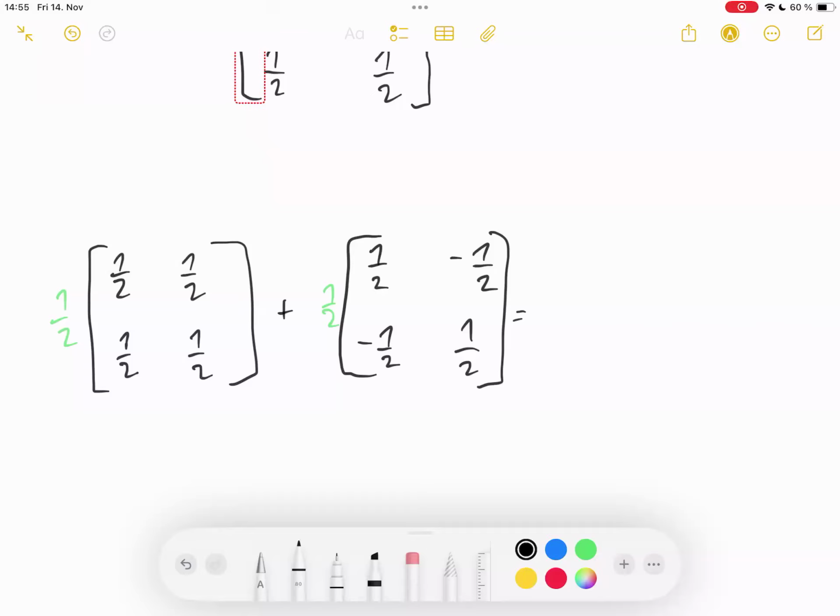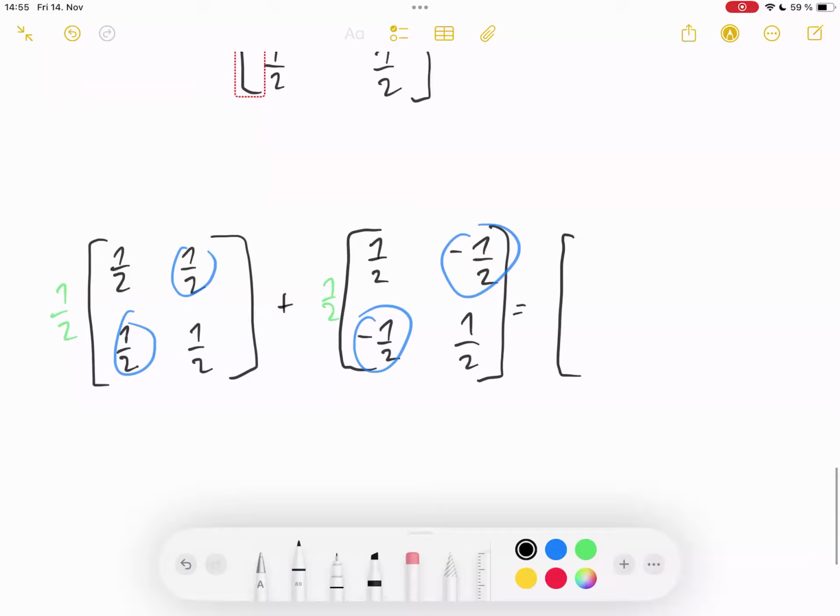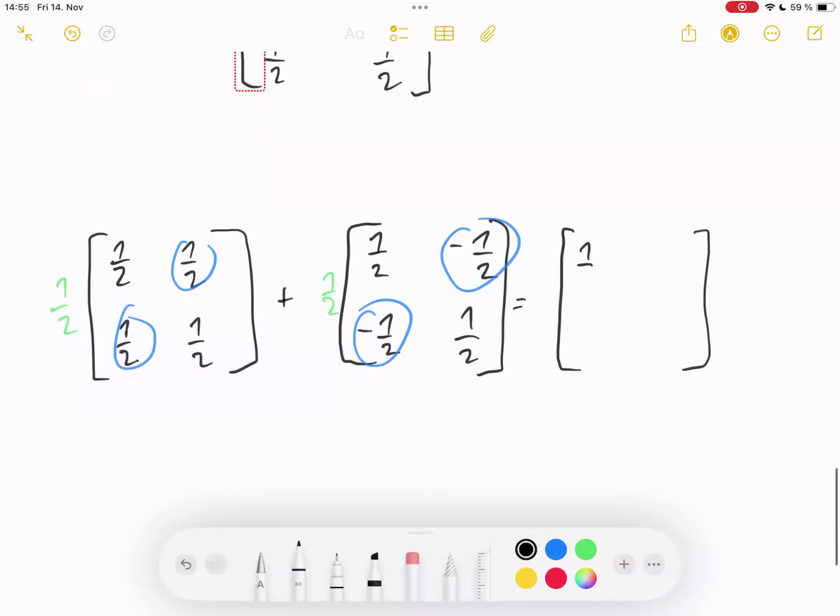So we have a half factor here, and we have these elements here. They would just cancel each other out in these two respective locations. And then we have these factors, and eventually this would just be a half, 0, 0, a half. And this is the density matrix of such a statistical ensemble.